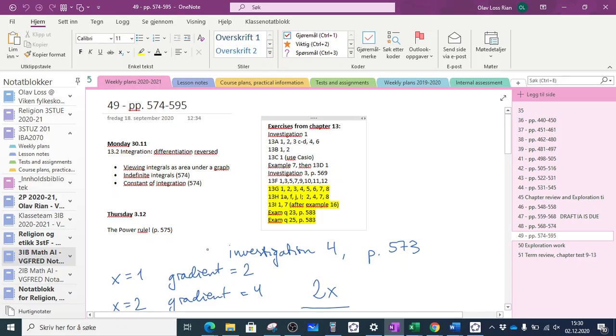So now we add the second term, this one, 3x. We want to integrate over 3x, so that's x to the power of 2. And then we have 3 multiplied with 1 over 2. And the last one is just x, because when we differentiate x, we get 1.